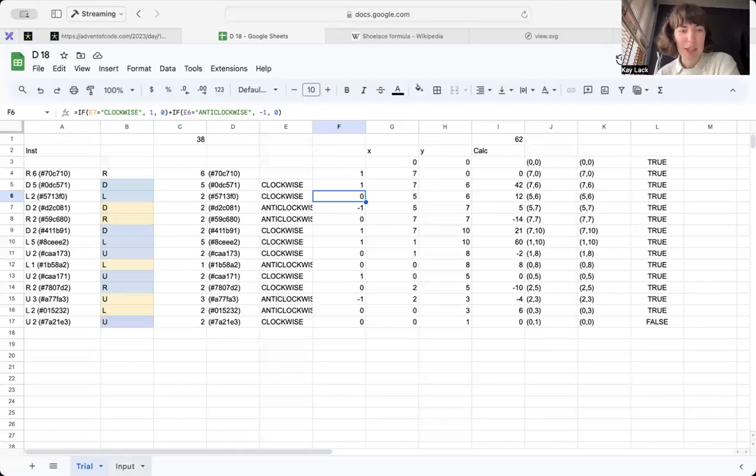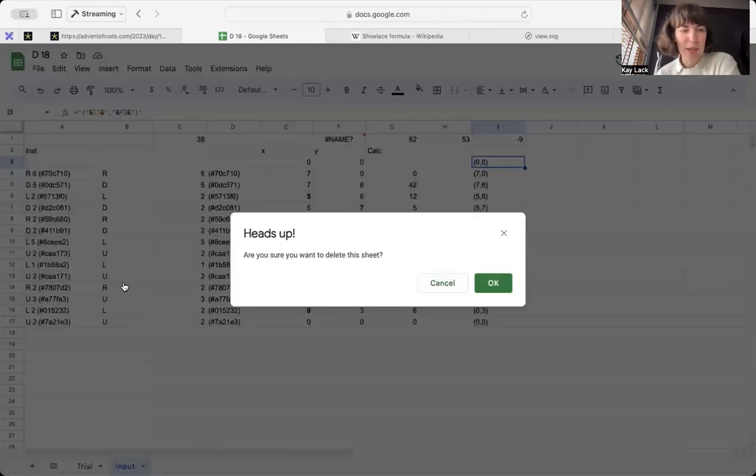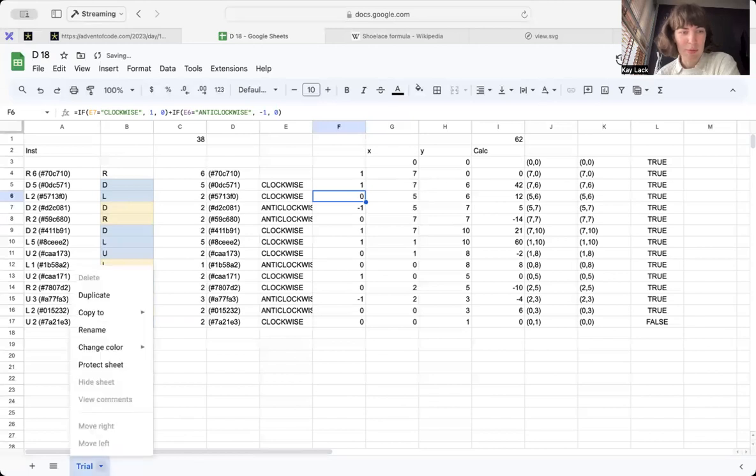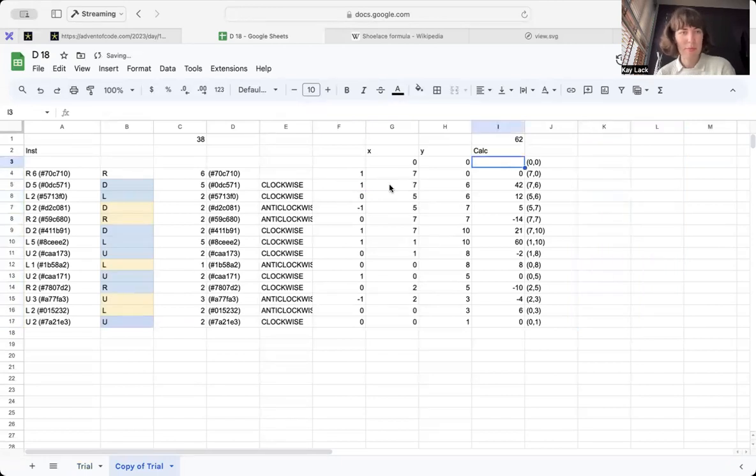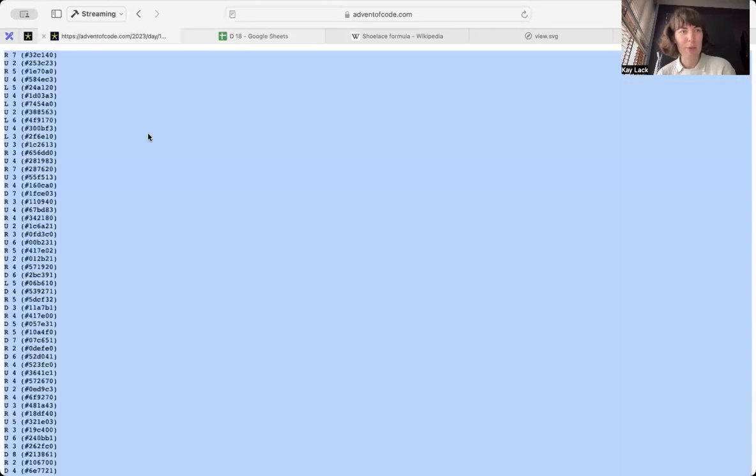In any case, I've got a spreadsheet. Let us try it with the input. We don't need this. And where am I? Where's my input? Here we go.